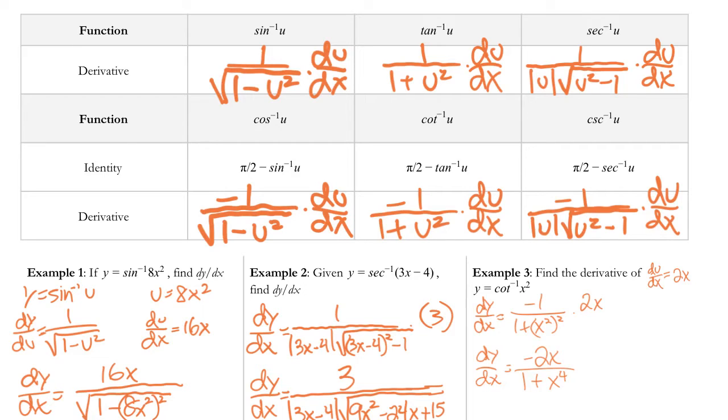You know, just like the derivative of sine x is cosine x, the derivative of inverse sine x is 1 over the square root of 1 minus x squared. But now that we've learned the chain rule, the inside part of every function that we work with could be something other than x.